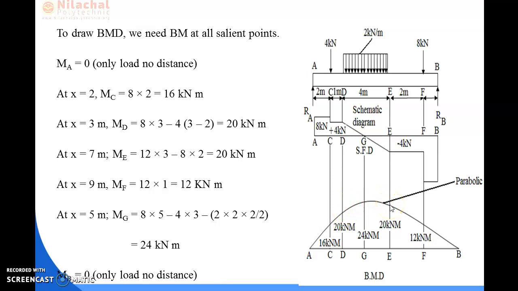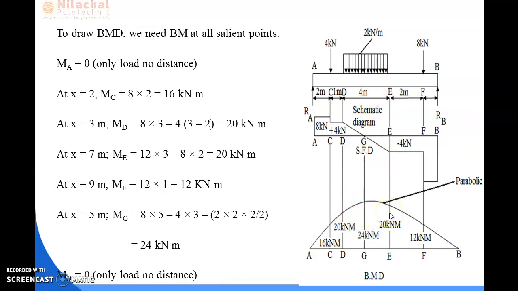Because I told you in the previous class, the bending moment will be parabolic in nature in case of a UDL and straight in case of point loads. So the portion on which the UDL is acting will be parabolic in nature in the bending moment diagram.